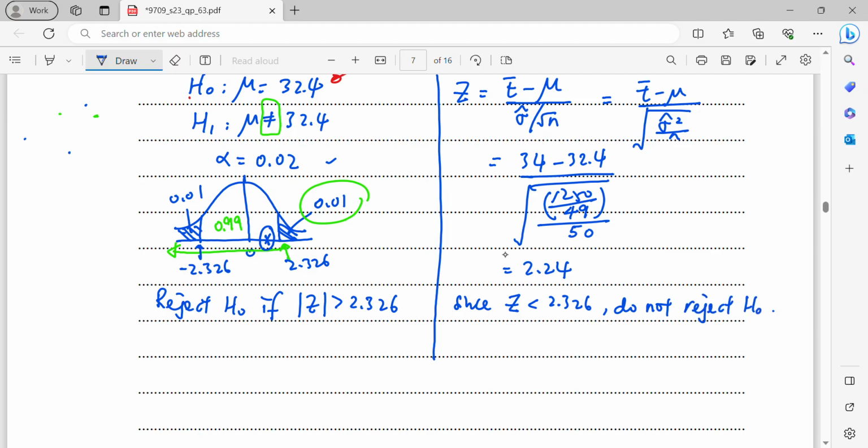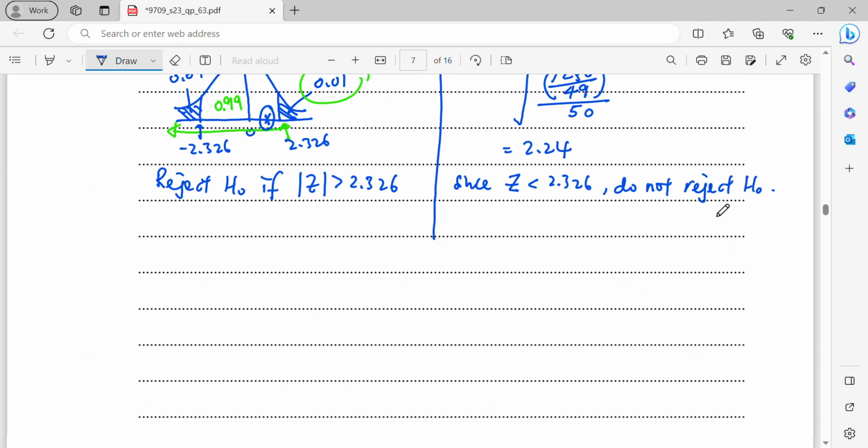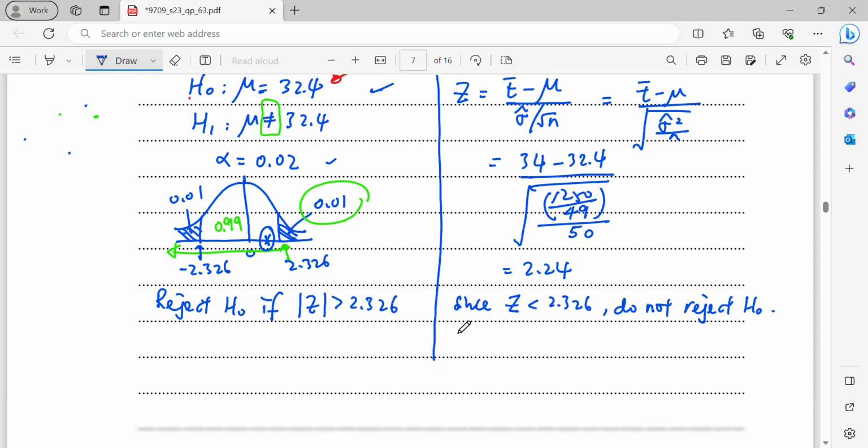For the conclusion, you have to look at the question, whether the mean time has changed. Since we do not reject H naught, there is insufficient evidence to conclude this. Because we fail to reject, we have to accept 32.4.